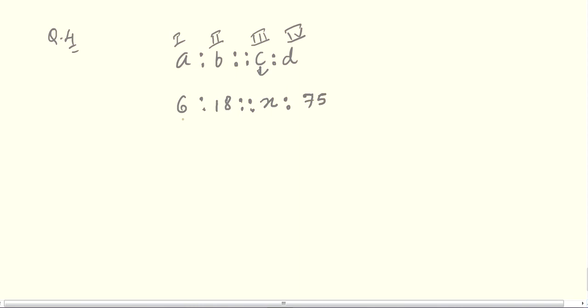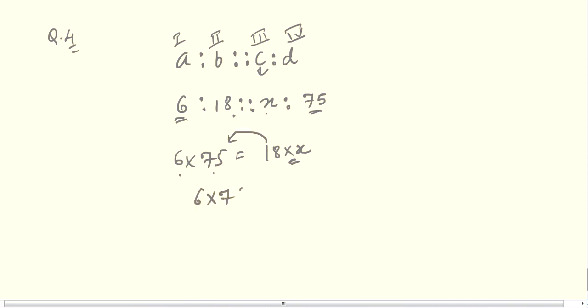75. Now the same process: product of extremes, meaning the first term into the last term, equals the product of means, 18 into X. So 6 into 75. We have to find X here, so transpose this 18 to the left hand side.